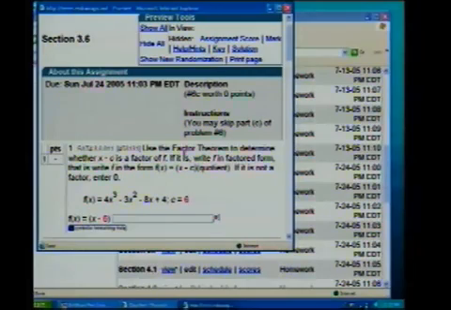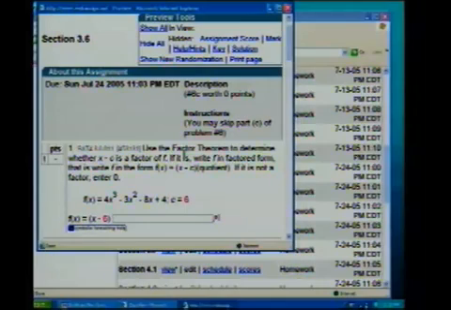Okay, so working with your remainder theorem, use your little synthetic division and divide by 6. If your remainder comes out to be 0, then f of 6 equals 0, which means you found a 0, so x minus 6 would be a factor.